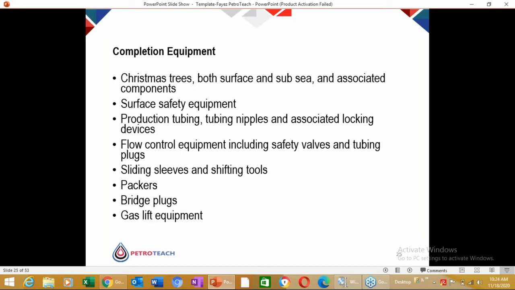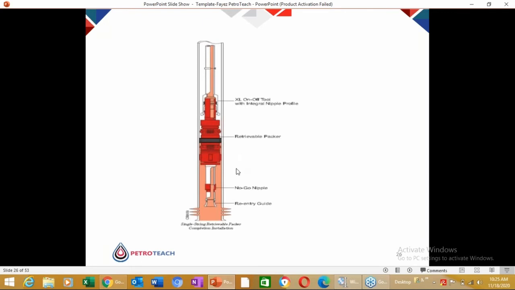Completion equipment. We have here surface safety equipment, Christmas tree, production tubing and nipples, flow control equipment, including safety valve and tubing plugs, sliding sleeve and shifting tools, bridge plug, and gas lift equipment.